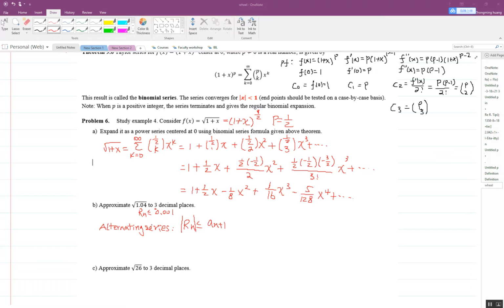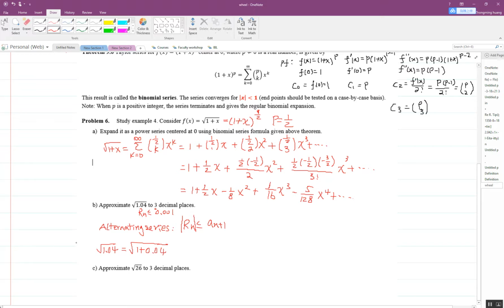To look at Rn, well, first of all, the square root of 1.04 is the same as the square root of 1 plus 0.04.